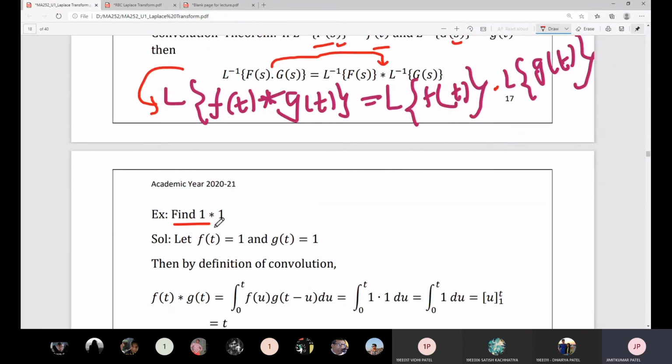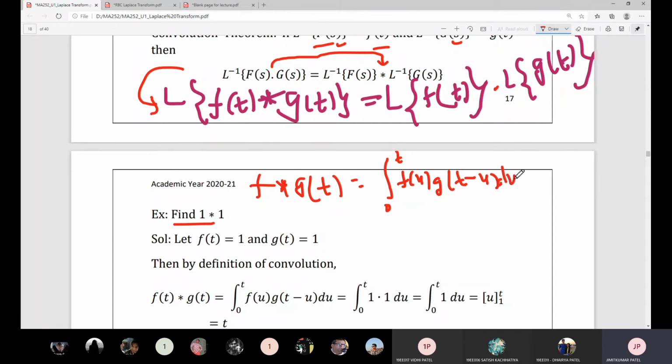So the first example is find 1 star 1. Here you are not asked for Laplace or inverse Laplace, you only have to find 1 star 1, means convolution, only convolution. So compare with our definition. What is our definition? f star g of t equal to integration 0 to t f of u into g of t minus u into du.